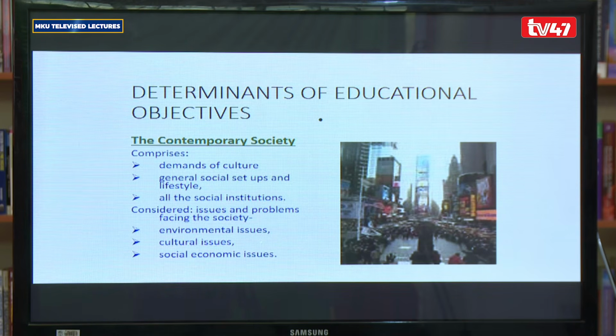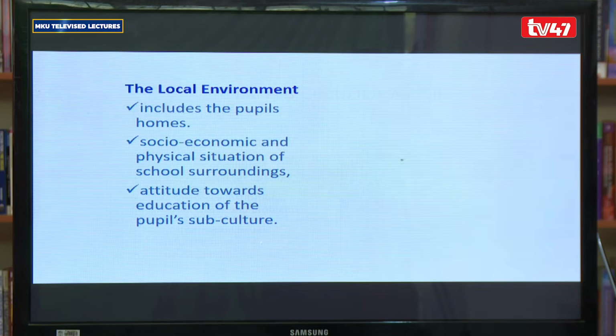Some of the problems could include environmental issues. Those will be different from one society to the other depending on the location of that particular school. We also have cultural issues. And lastly, we have the socio-economic issues, which also differ from one place to another.